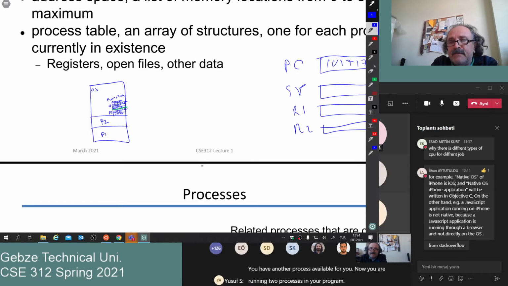Ebru, just a minute. If you like, you may assign each of your functions to a different thread, and those functions could run in parallel. For example, one function waits for an input from another one.